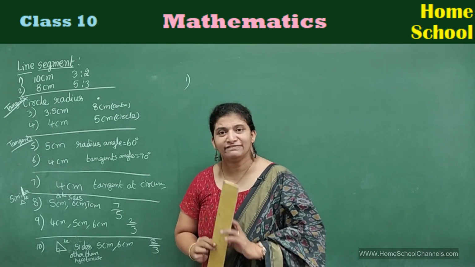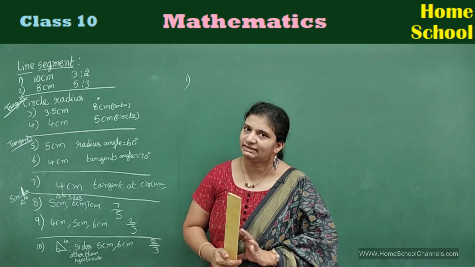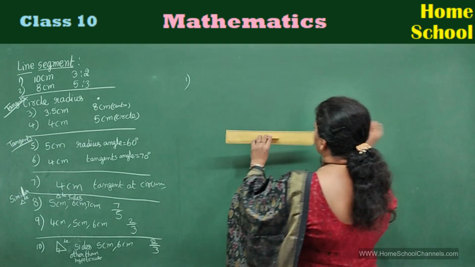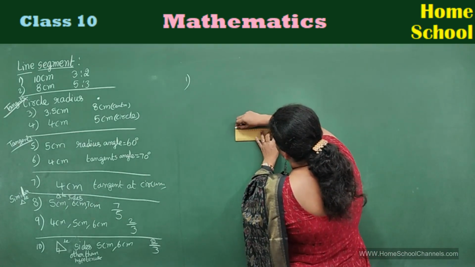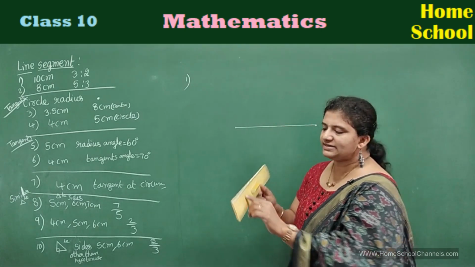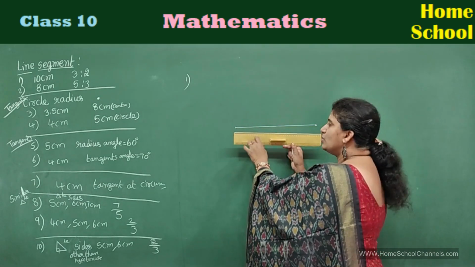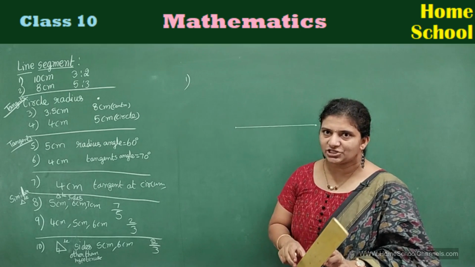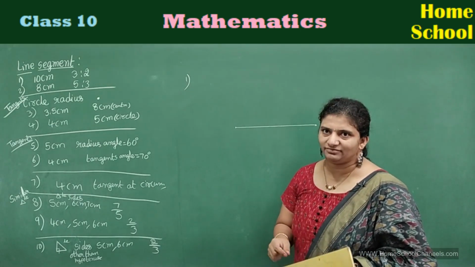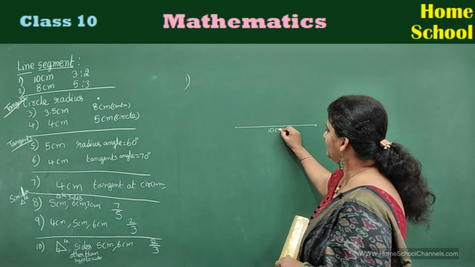Okay, let's begin our first problem. Divide a line segment of length 10 centimeters. Let me draw 10 centimeters. See here, this scale, 10 centimeters means only this much you are going to get. So roughly I am going to take the measurements. You please do properly.